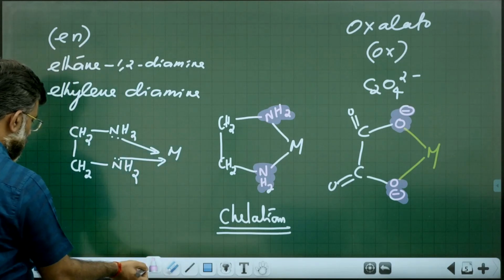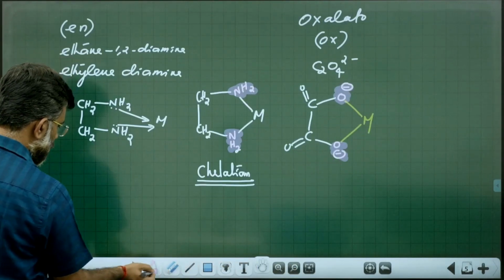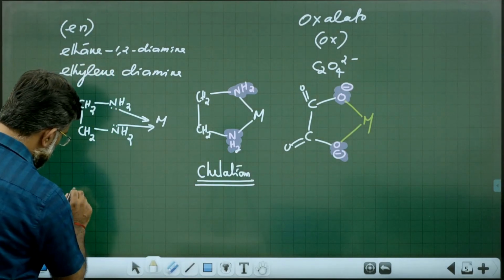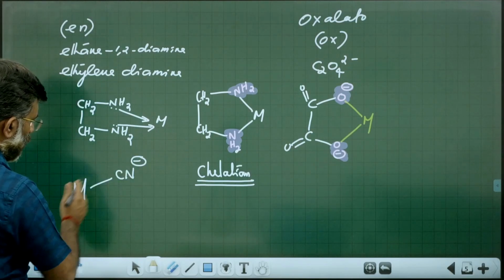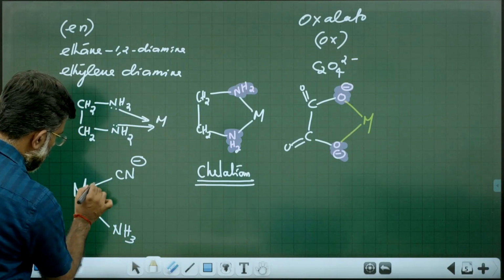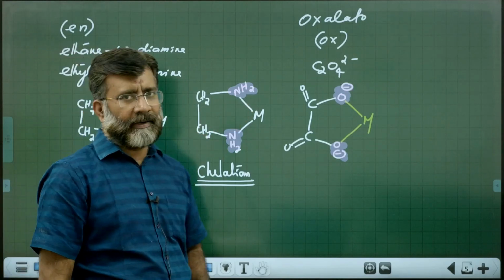Suppose the metal atom connects with one donor atom at a time. It is unidentate. You see this? A metal atom connecting with CN minus is unidentate, or connecting with ammonia, unidentate. This is unidentate. This is didentate.